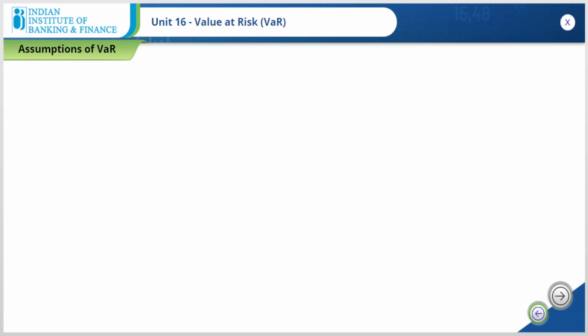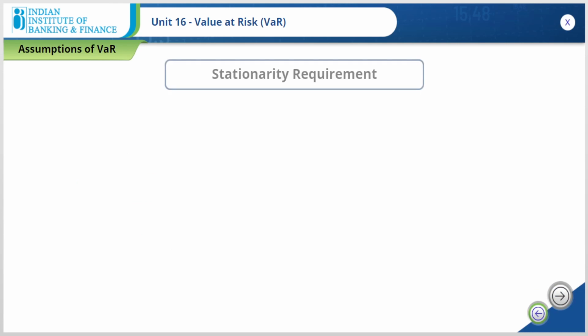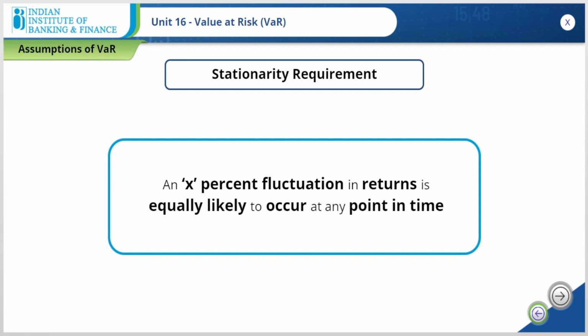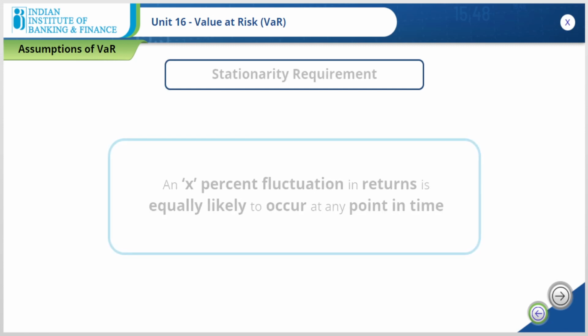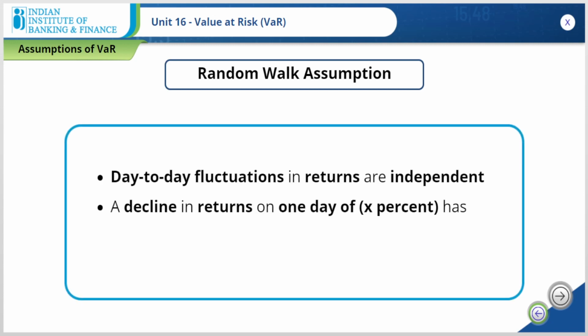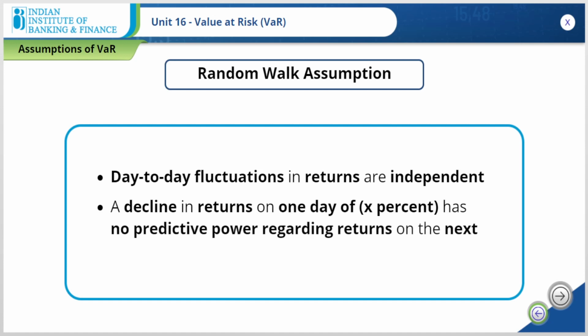Let us now see assumptions of VaR. Stationarity requirement. That is, an X% fluctuation in returns is equally likely to occur at any point in time. Random walk assumption. Day-to-day fluctuations in returns are independent. Thus, a decline in returns on one day of X% has no predictive power regarding returns on the next day.